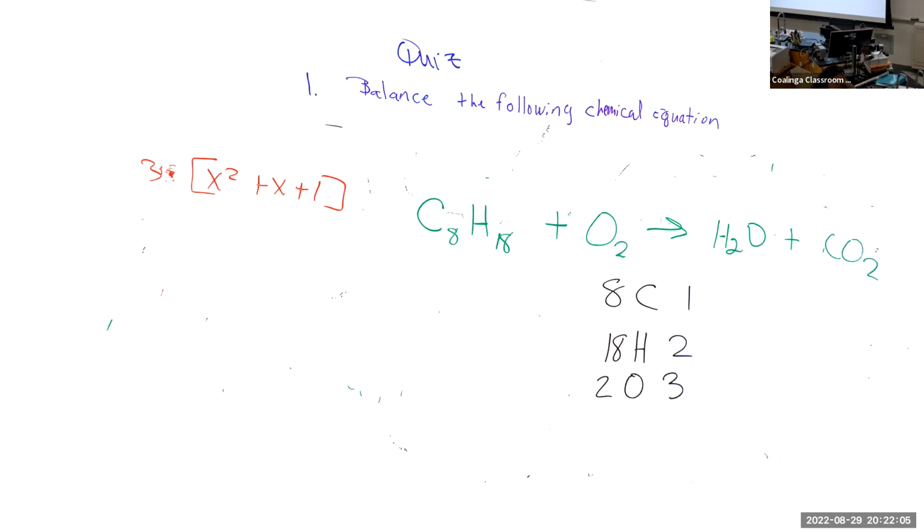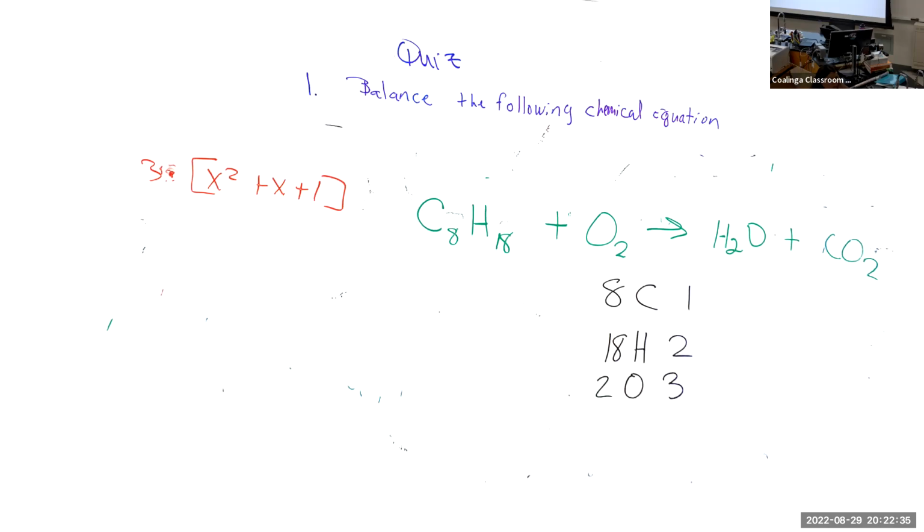Okay, so I have 8 carbons, right? And I have 1 carbon over here. And that's my only source of carbon. So it makes sense to start off with that carbon. So how can I make this so that there's 8? There we go.